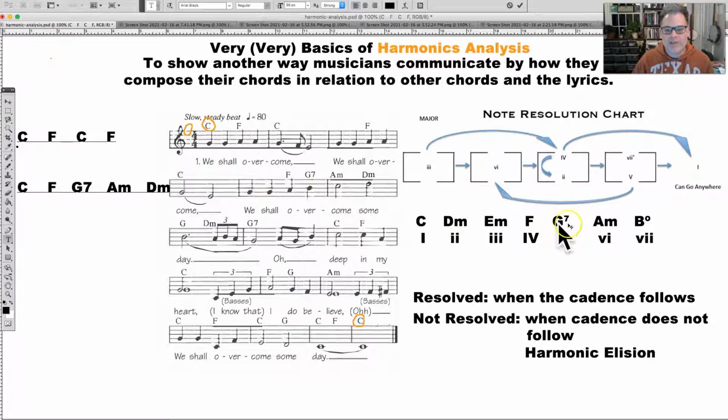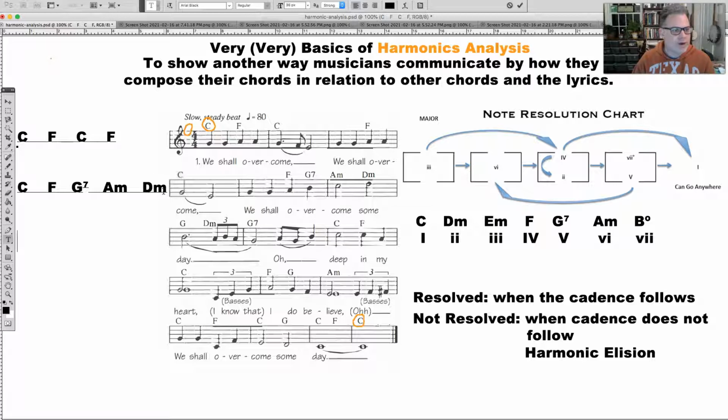Remember, we wrote out this sequence, and I was saying how these are the chords that, if the person knows what they're doing, will appear in a song that is in the key of C. And look what we've got. We've got a G7, we've got an A minor, we've got a D minor, we have our Fs, and we have, of course, our one chord, which is our C. So we're seeing lots of things that we would expect, which is really kind of cool.